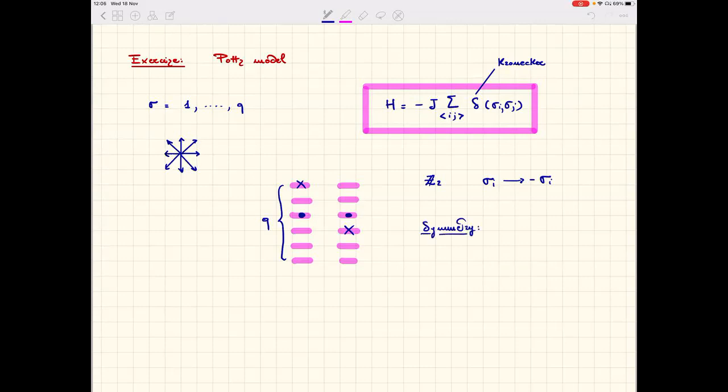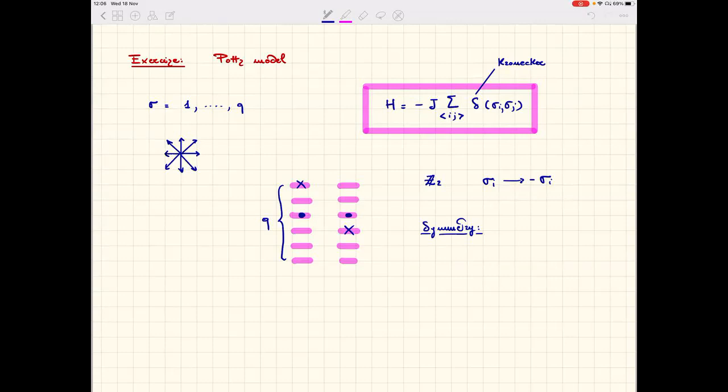Do you know what is the symmetry? What could be the symmetry of this Potts model? For the energy, what matters is two variables being equal or being not equal. It doesn't matter what value they have, right? That's the only thing that matters, if you're equal or you're not equal.